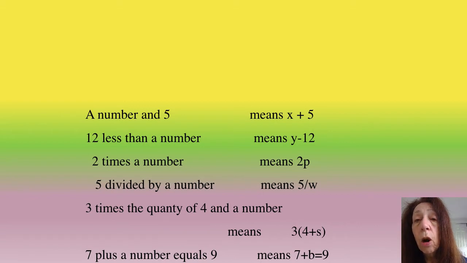So that's 3 open parentheses, 4 plus s, close parentheses. 7 plus a number, 7 plus whatever letter you want, which is b, equals, here's your equal sign, 9. I hope this makes sense. It takes practice.